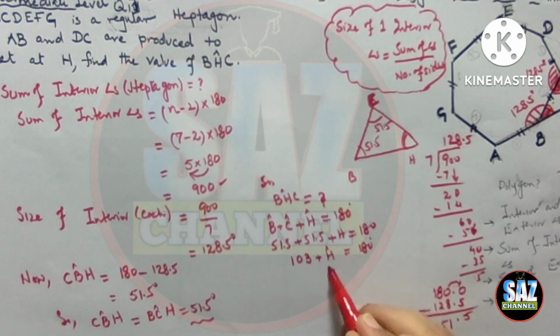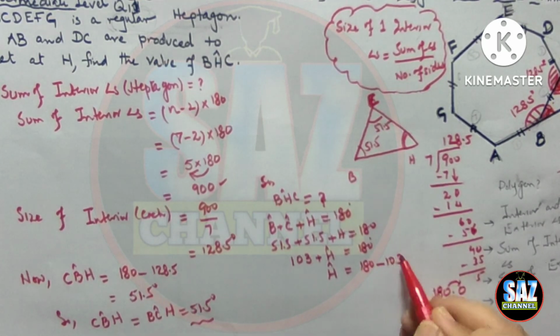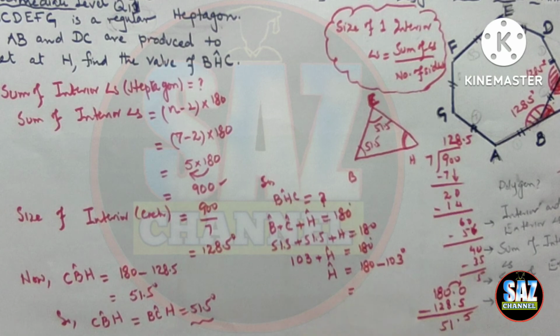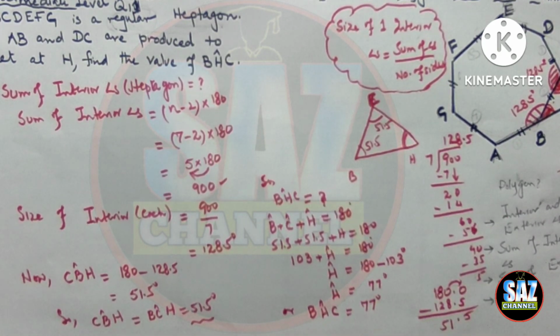H equals 180 minus 103, and when I take away 103, that is 77 degrees. Angle H, or BHC, equals 77 degrees, which was the requirement of the question.